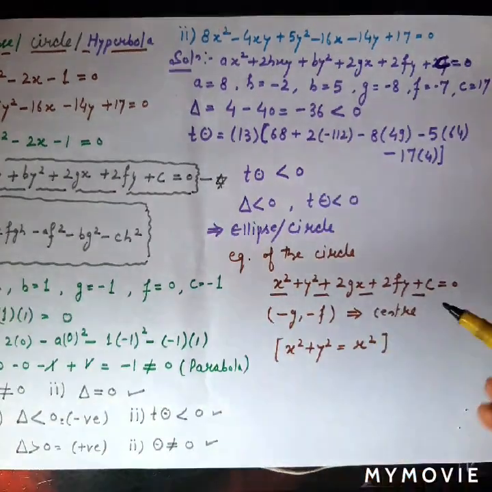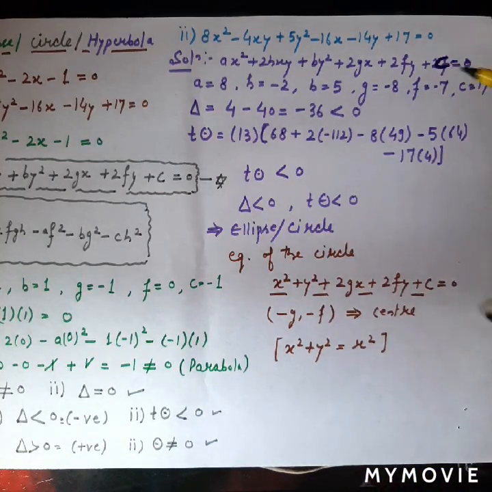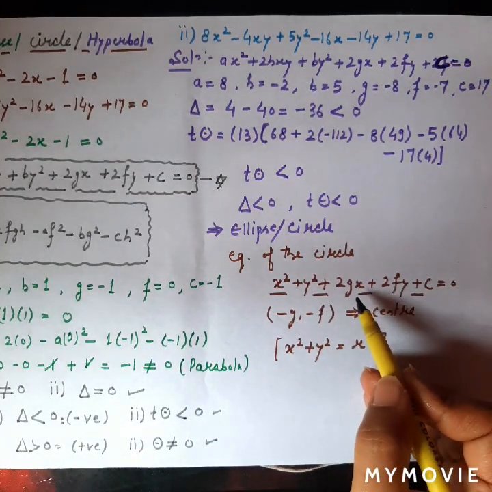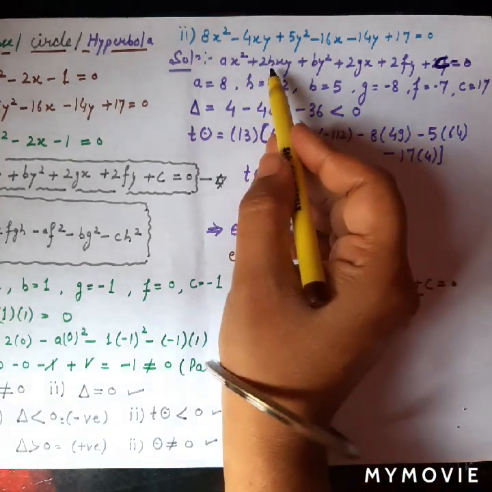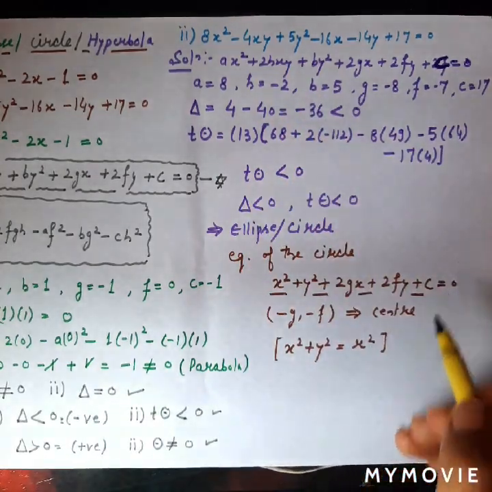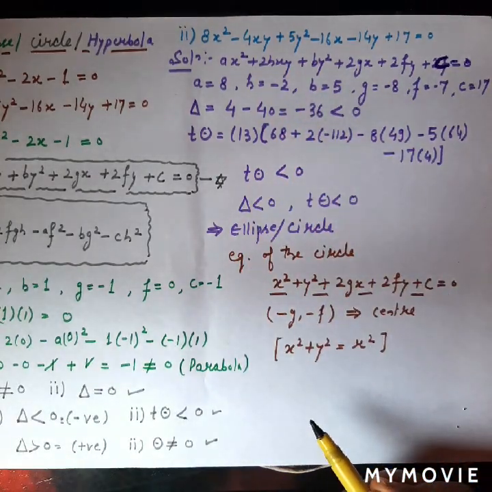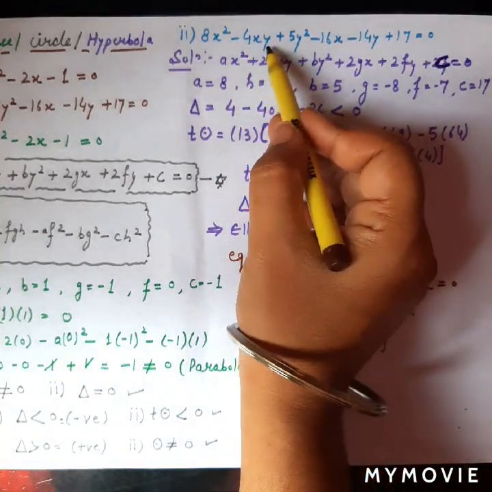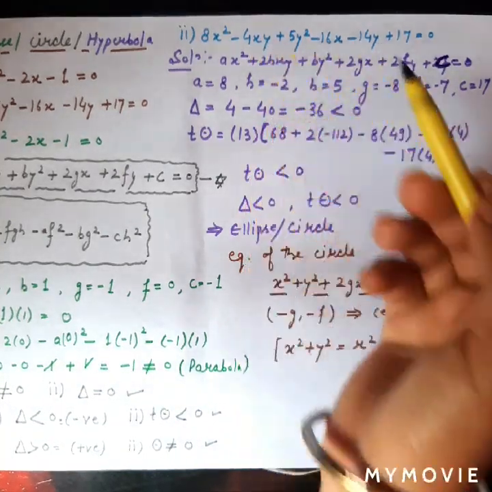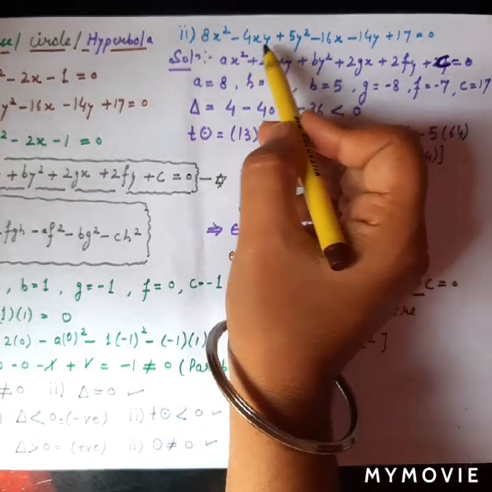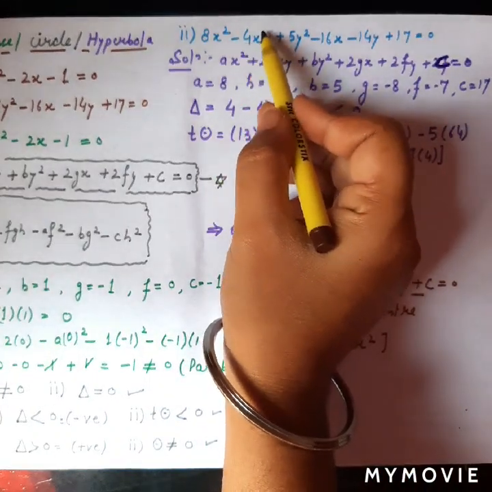Because when we compare these two equations, the component of h, which is 2hxy, is missing here. So the mixed term of x and y is present in our equation.